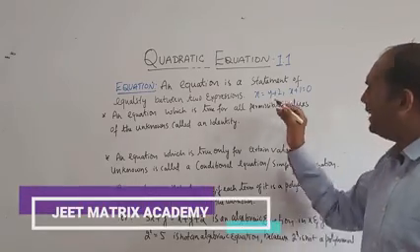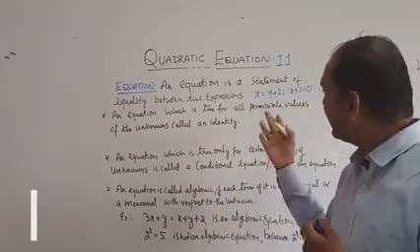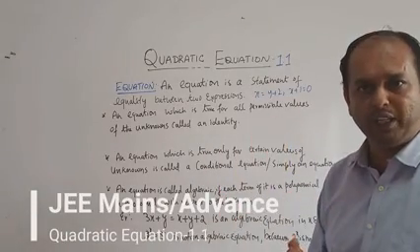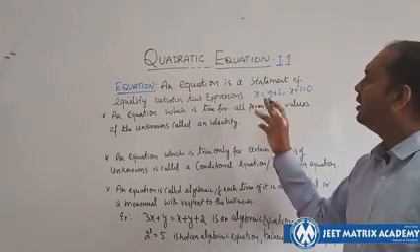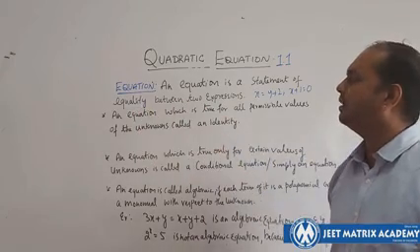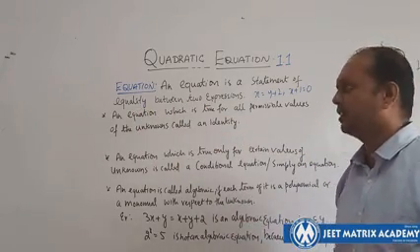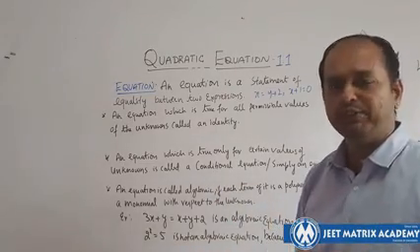It might be a single variable or two variables or anything, but there should be a statement of equality between the two expressions, and there are a variety of equations you could find.